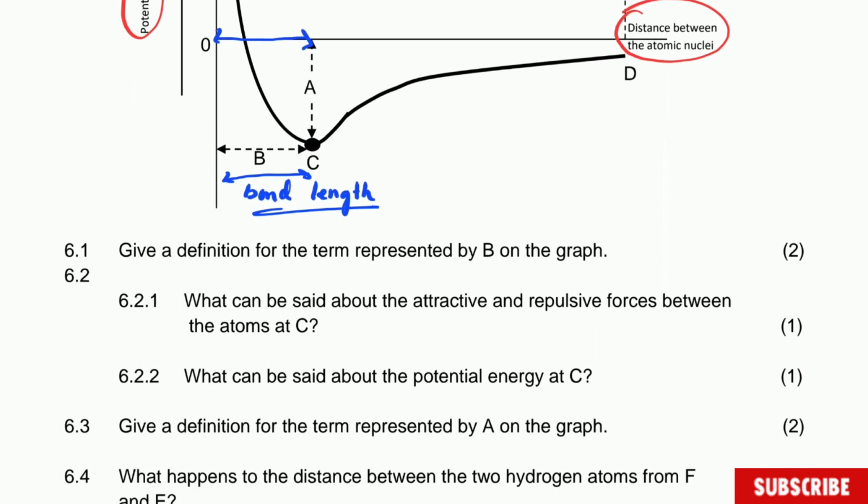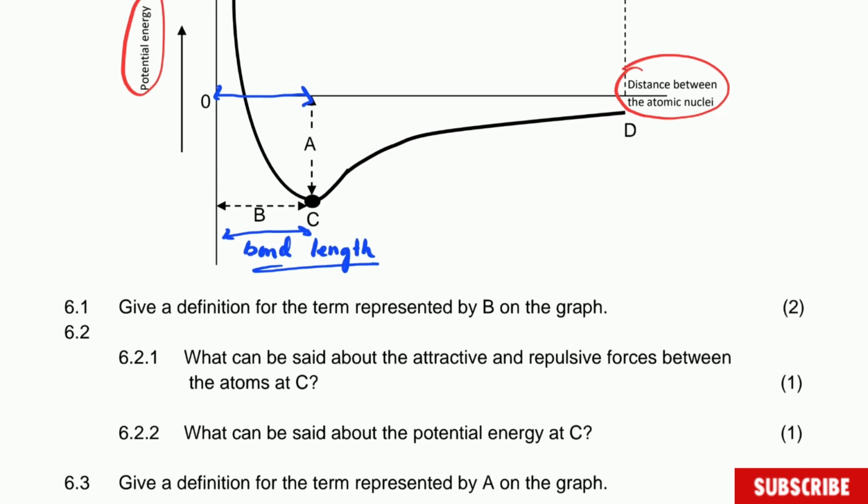What can we say about the attractive and repulsive forces between the atoms at C? I want you to know that at C is the point when the bond can form, because at that specific point, the forces of attraction and repulsion are going to be balanced.